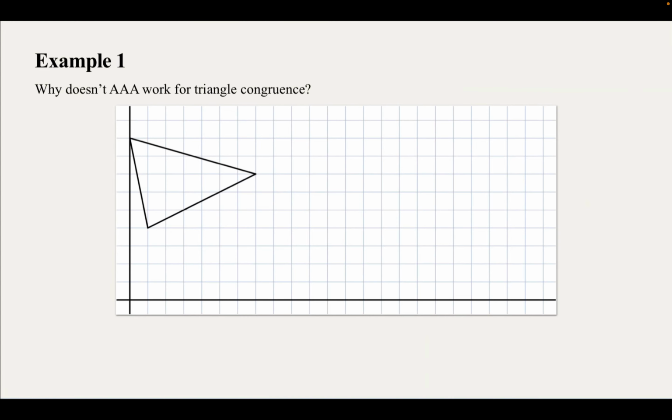I'm going to start off by extending this line here. Okay. And I'm going to extend this line. There we go. And I did this such that these two are congruent and these two are congruent.